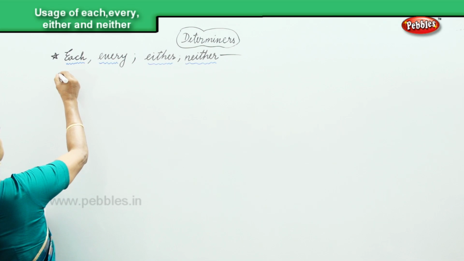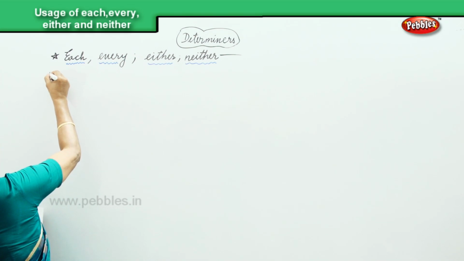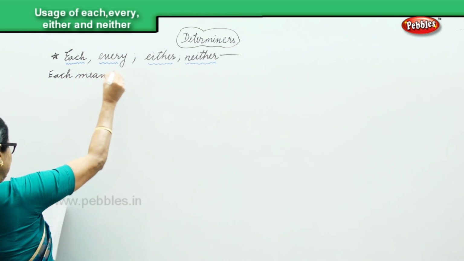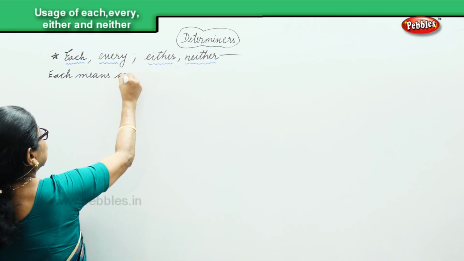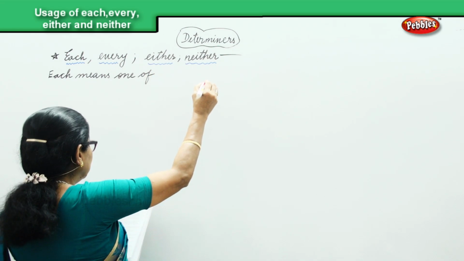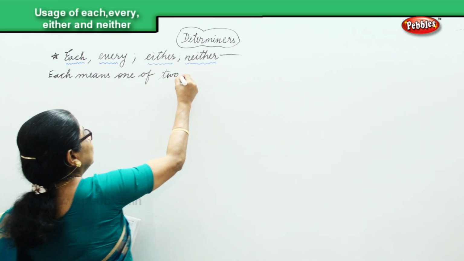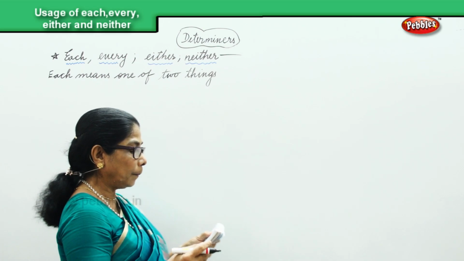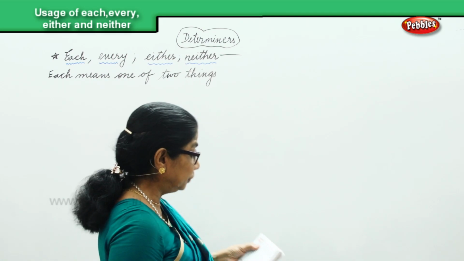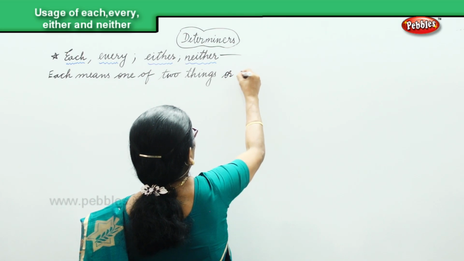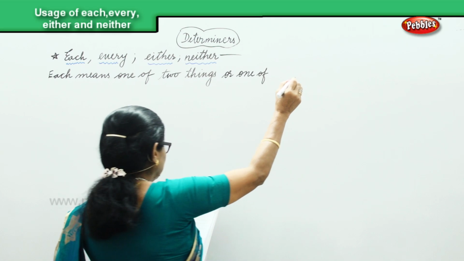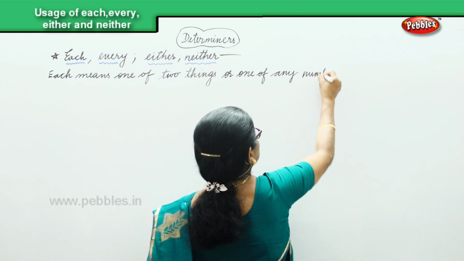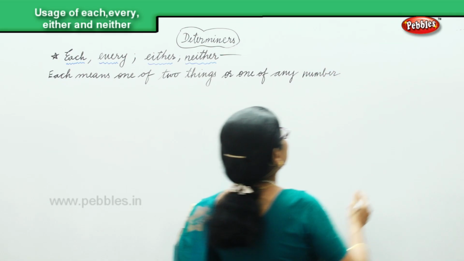Each means one of two things, or one of any number exceeding two.